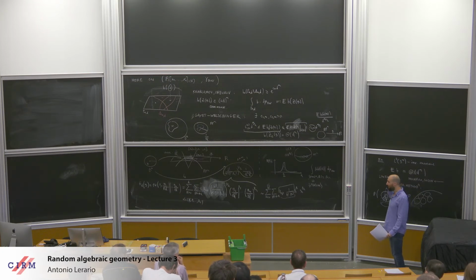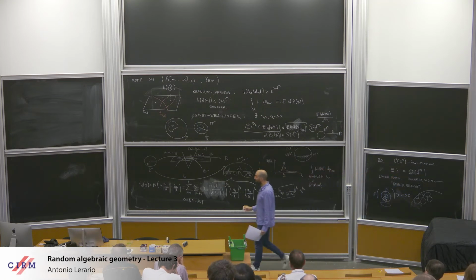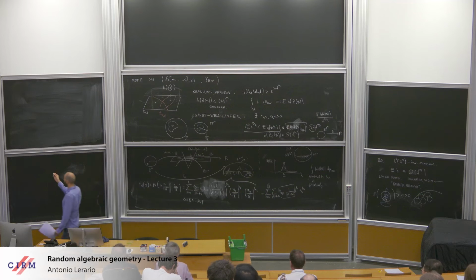You have to find an appropriate way of rescaling and then prove that, in fact, what is true is the following. So maybe I'll put it here so that it explains everything.